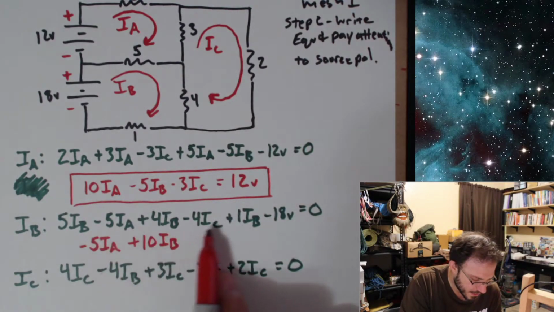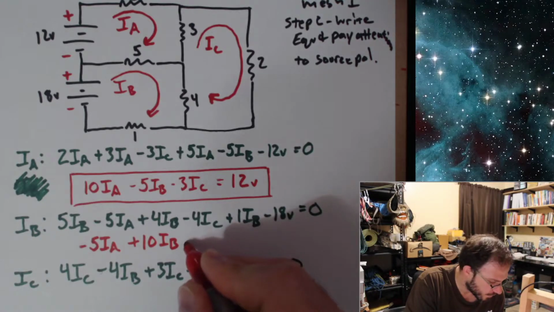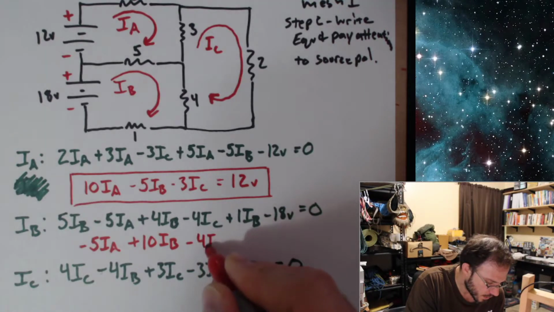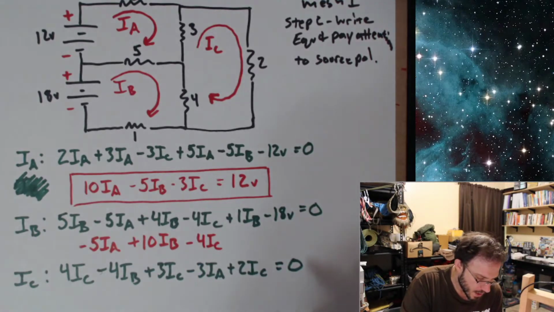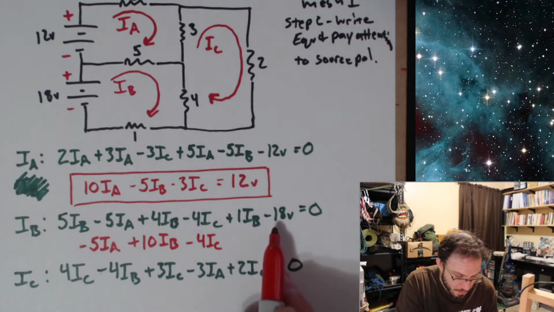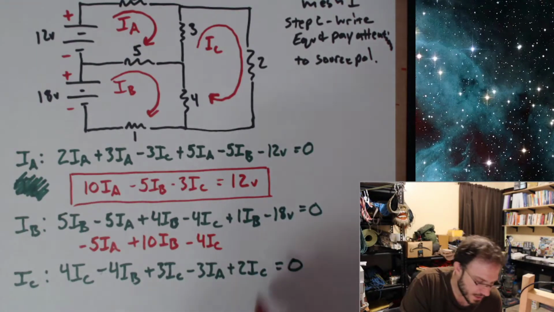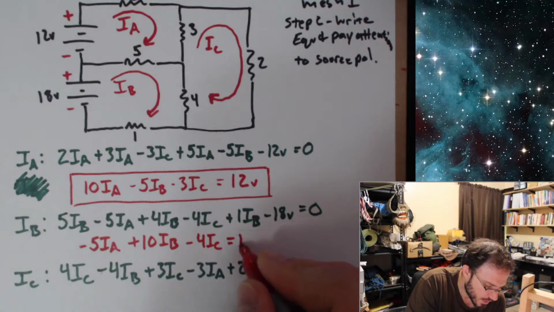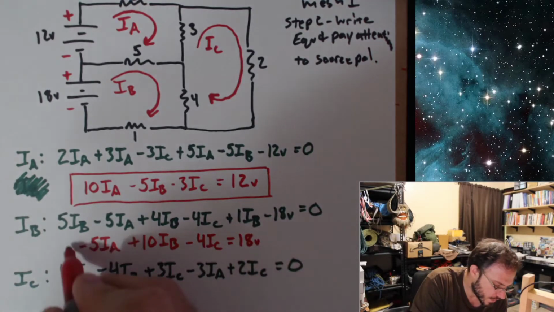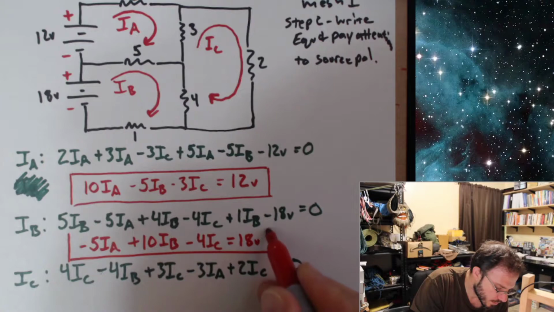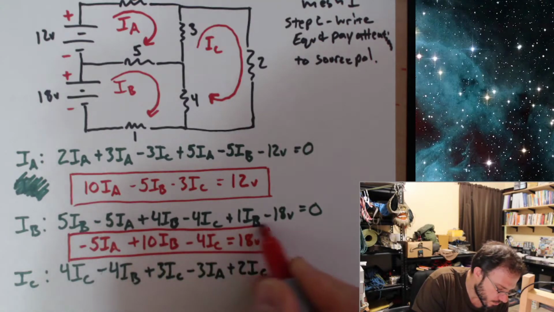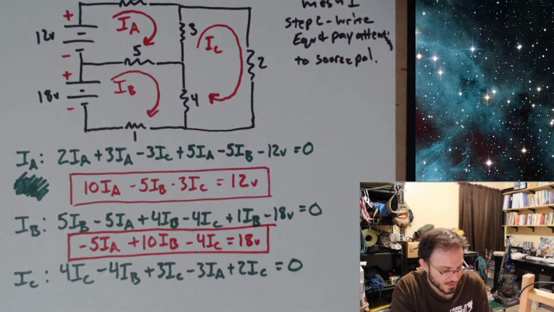And my ICs, I only have 1 in here, so minus 4 IC. And I have a minus 18 volts here, so add 18 to both sides, and I get equals 18 volts. And I have my second expression.